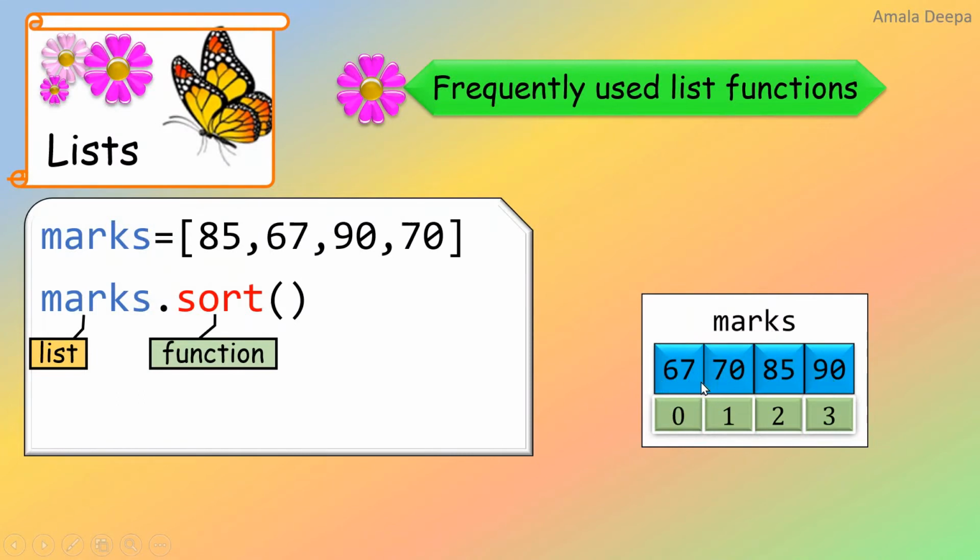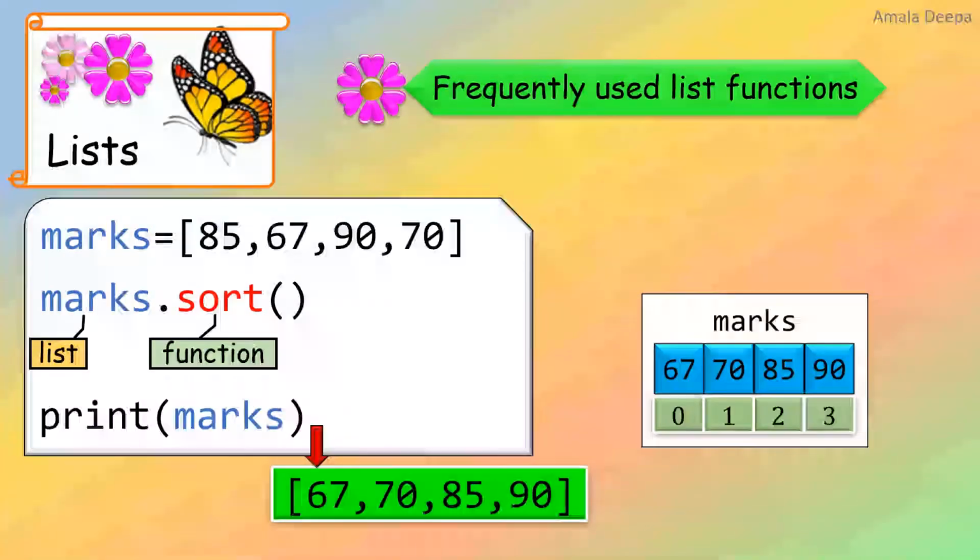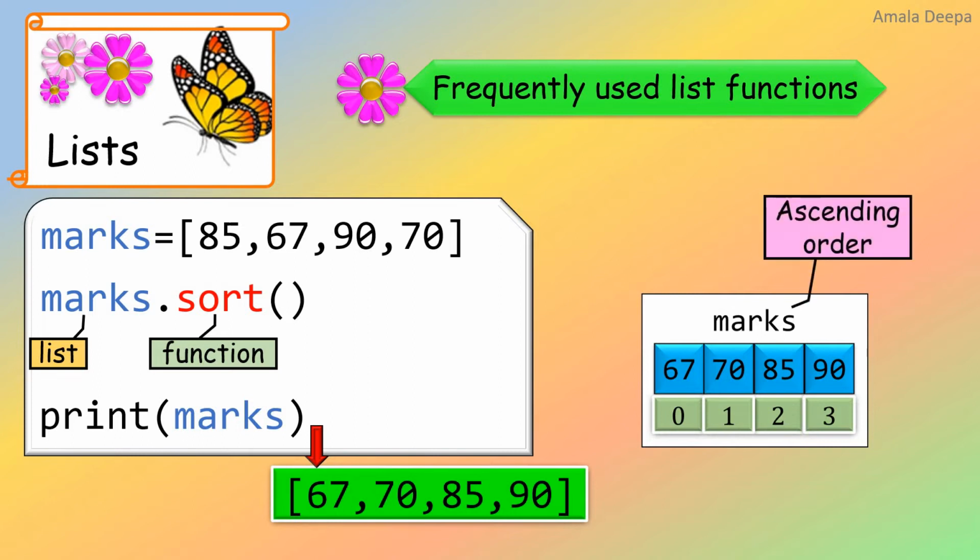The elements are arranged in order: 67, 70, 85 and 90. Look at the original values in the list and look at the values in the array. Now when I say print(marks), I will get the values in an arranged form. So here you can see that the sort function is arranging the values in ascending order.